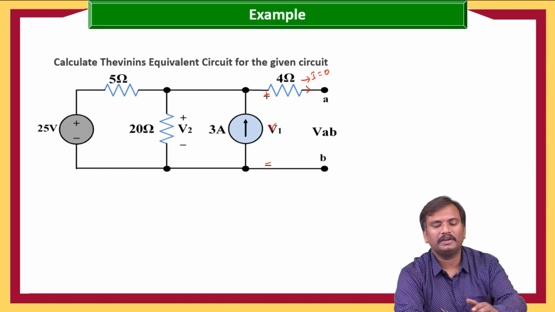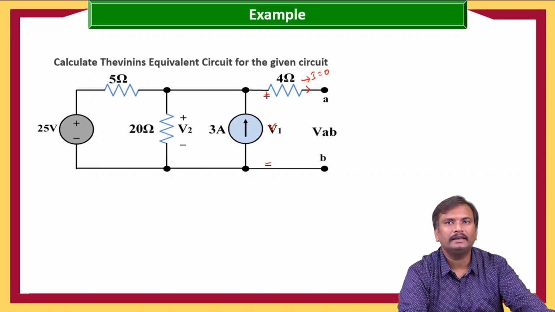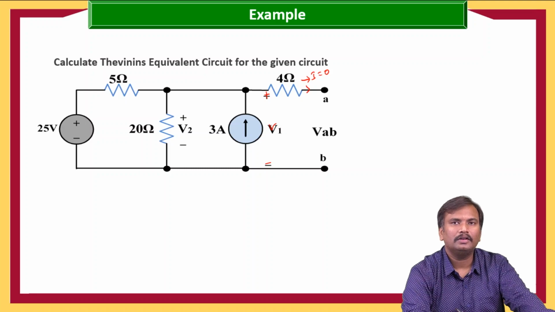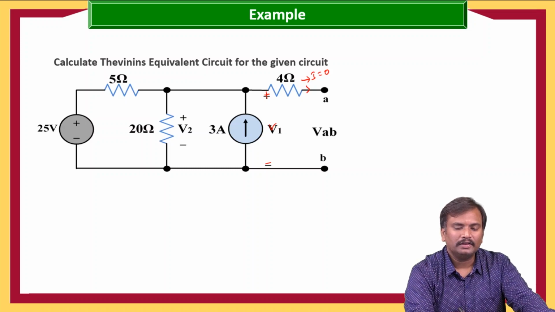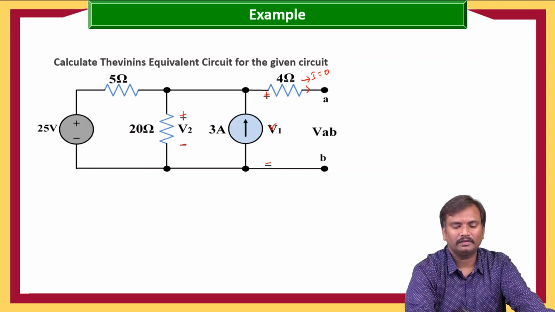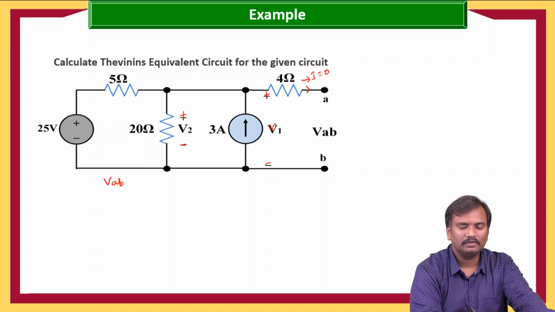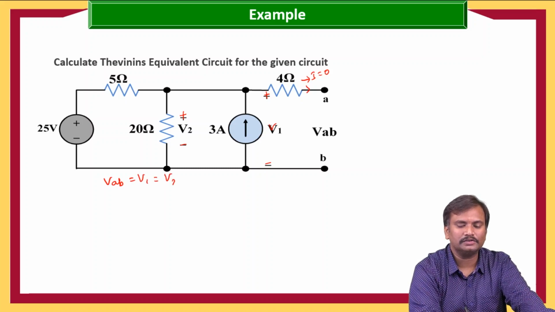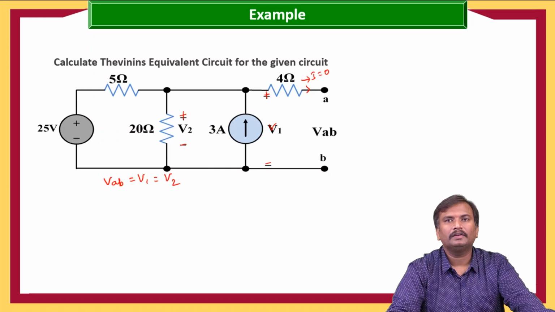So this 3 ampere source is connected in parallel to the 20 ohm resistance. Here we are considering that VOC is equal to the voltage across the 20 ohms, that is V2. VAB is equal to V1, that is the voltage across the 3 amperes, which is equal to V2.